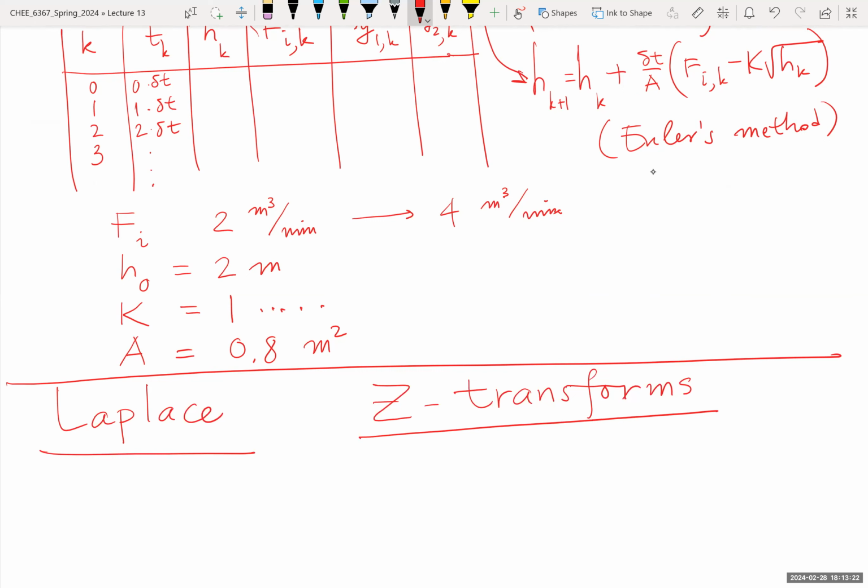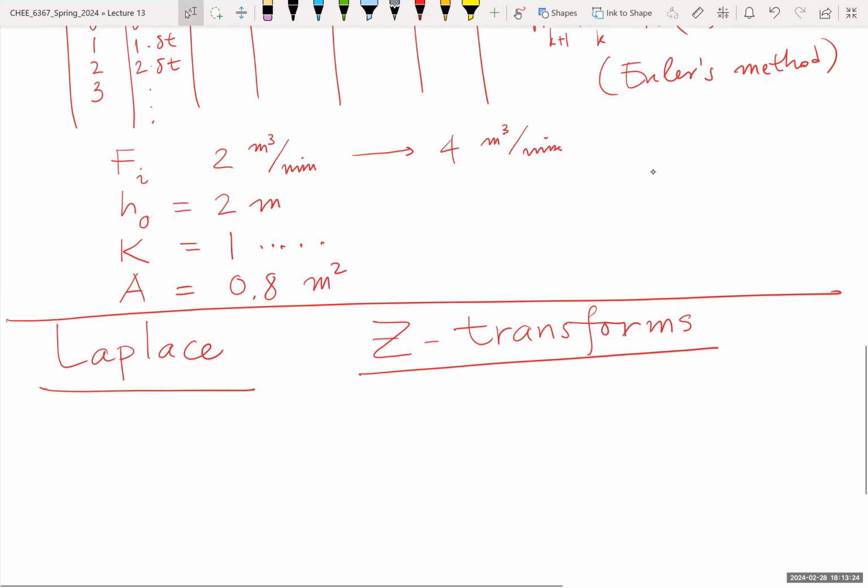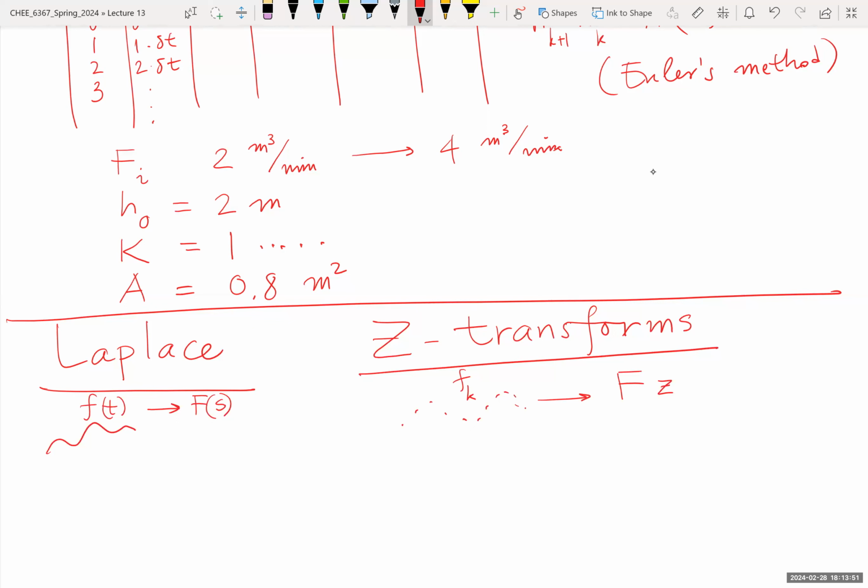Laplace transforms take continuous functions. So they take a continuous function, f of t, and create a Laplace transform f of s. Z transforms do the same thing, but in discrete time. So they take a sequence of points, f sub k, and create a Z transform that I'm just going to call F of z.